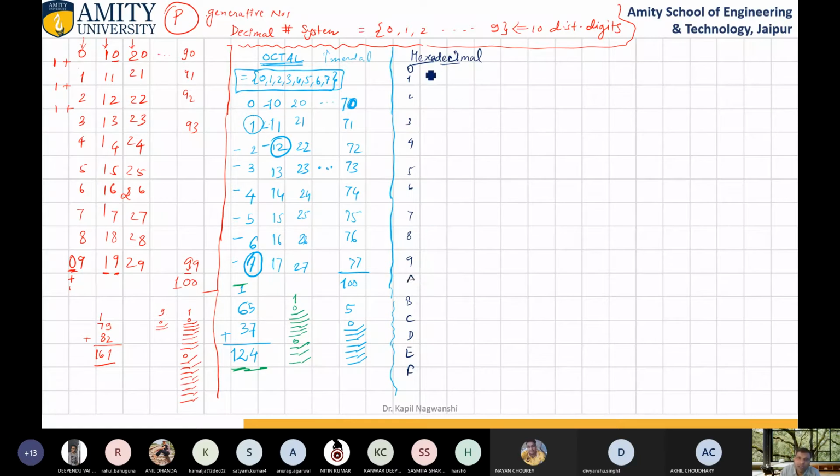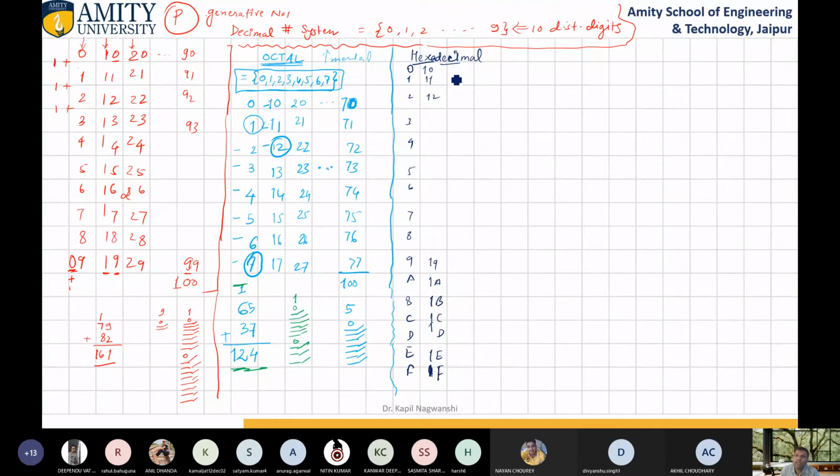Similarly, 10, 11, 12 up to 19. Then 1A, 1B, 1C, 1D, 1E, and 1F will come.